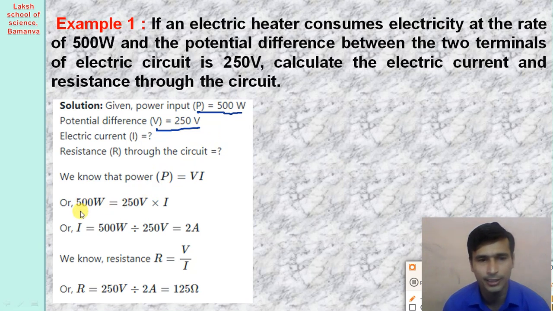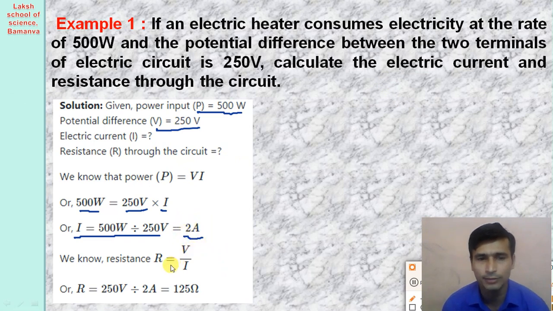So we get 500 watt is equal to 250 into I. So electric current passing through the circuit, I is equal to 500 divided by 250, that is 2 ampere. So we get the first answer. What is the electric current passing through the circuit? The electric current passing through the circuit is 2 ampere.